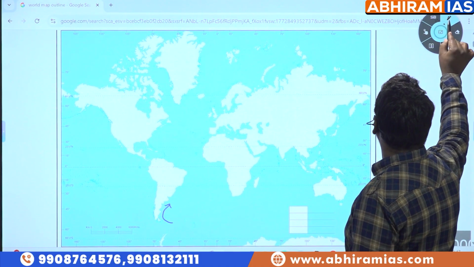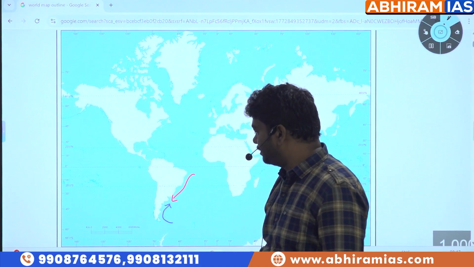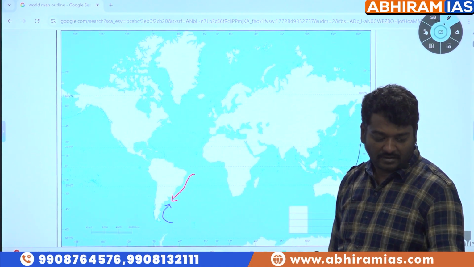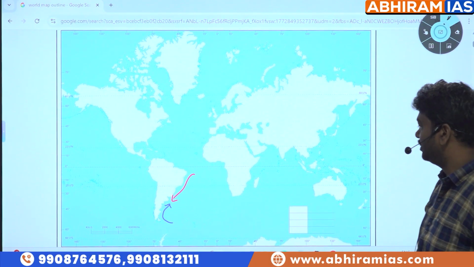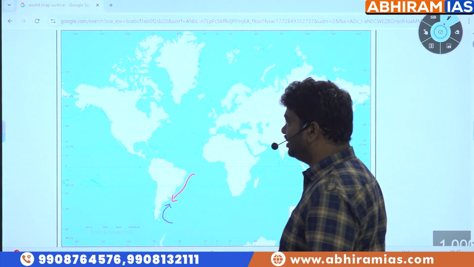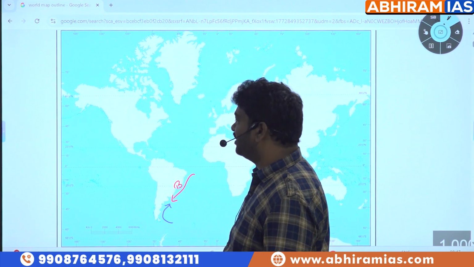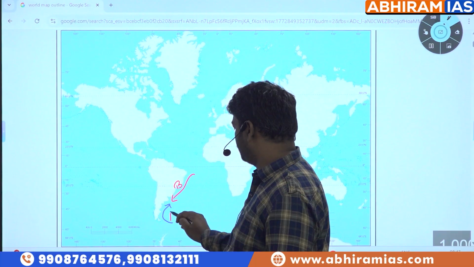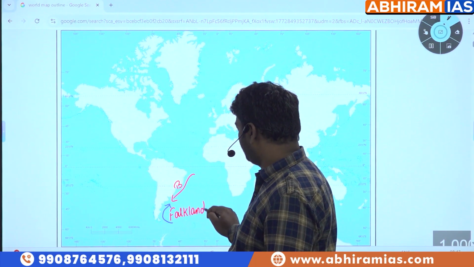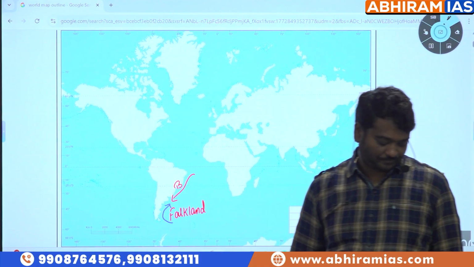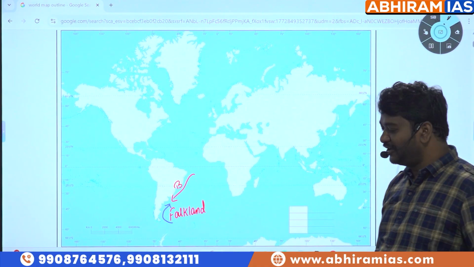Falkland current. Good. What is this called? Brazilian current. There you write near Argentina, Brazilian warm current converge with Falkland cold current.